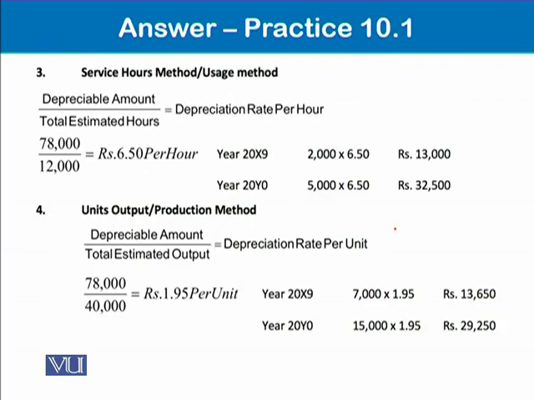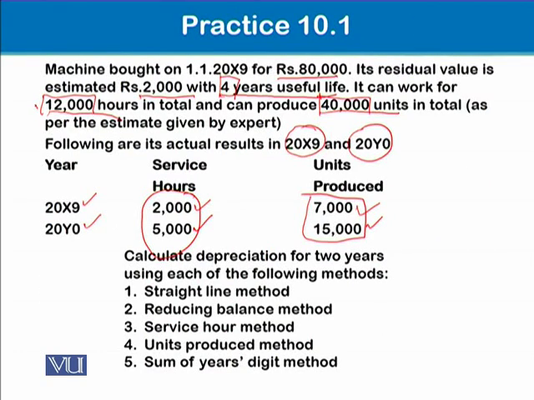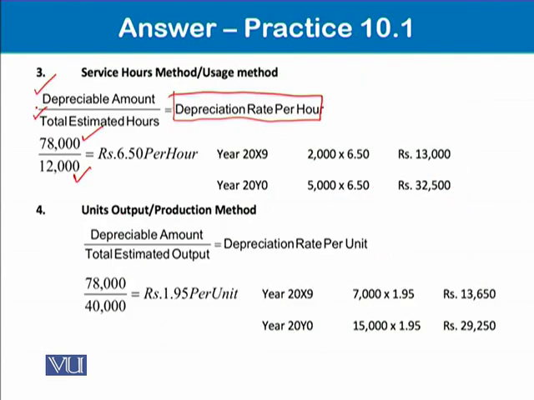Well, the service hour method. For the service hour method, the formula is depreciable amount divided by total estimated hours. It will give us the depreciation rate per hour, and then this will be applied on the number of hours that we worked. The depreciable amount we have already calculated, that is 78,000, and the total estimated hours, which is given in the question, is 12,000. So 6.5 per hour is the depreciation rate per hour.